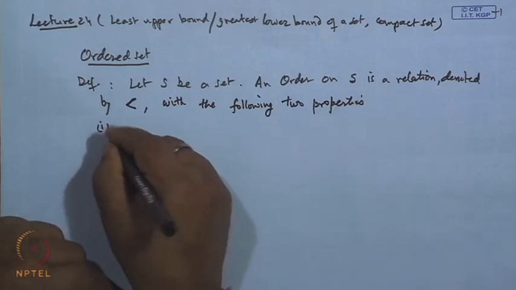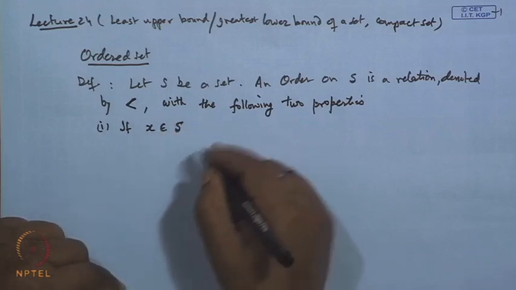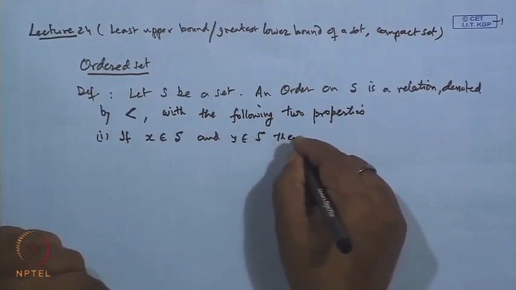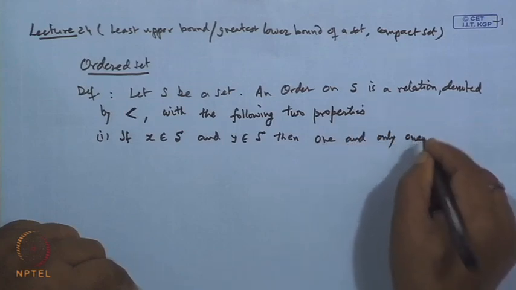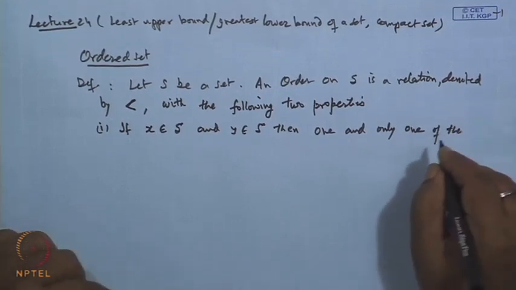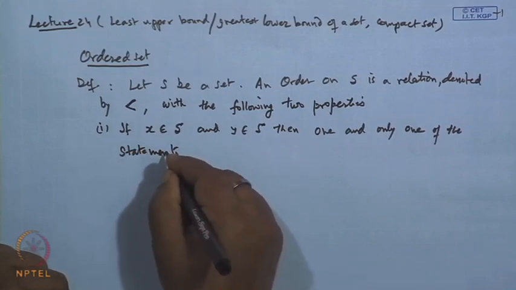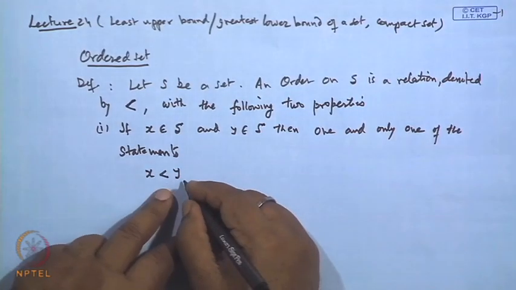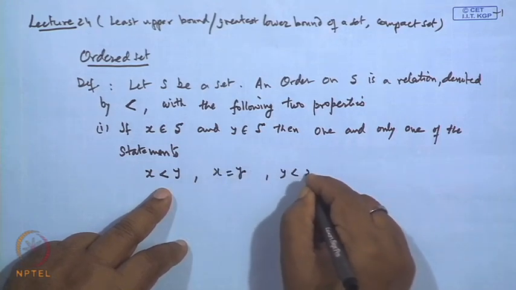The first property is that if x is in S and y is in S, then one and only one of the following statements is true: x is less than y, x is equal to y, or y is less than x.